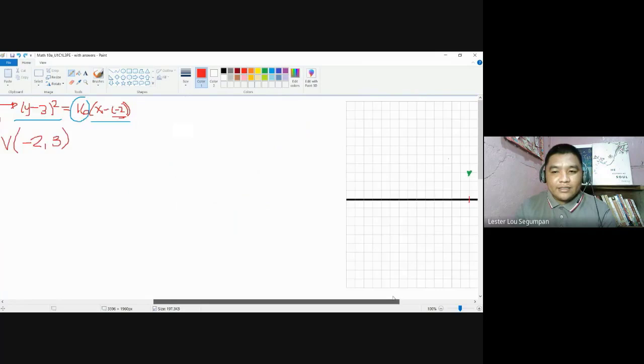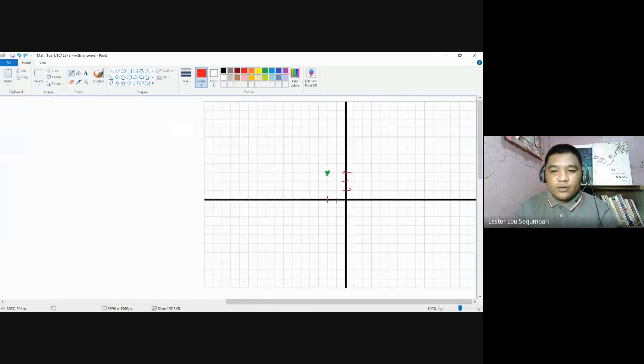Since our vertex is here, our focus should be either here or there, or here or there, depending on what would be the form later. But if you talk about (0, p), it's somewhere here, so that's not okay there. It's only for either or among these four directions here.